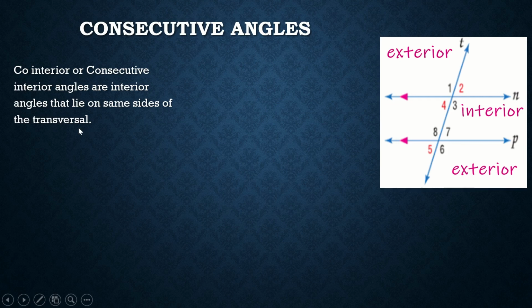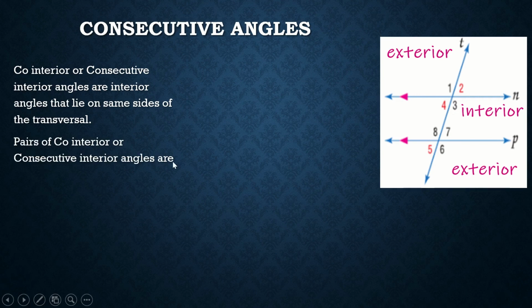So for angle 3, angle 7 is the co-interior or consecutive interior angle. Therefore, pairs of co-interior or consecutive interior angles are angle 3 and angle 7, angle 4 and angle 8.